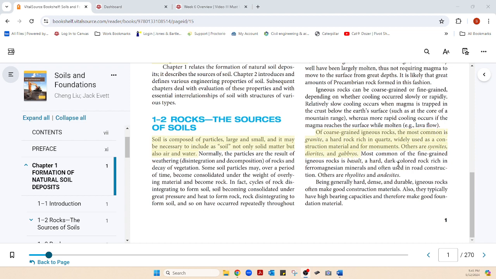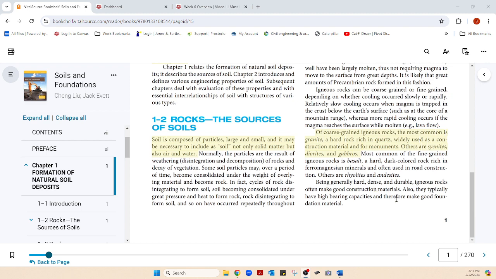The most common of the fine grained igneous rock is something called basalt. It's a hard, dark colored rock rich in iron or magnesium mineral, ferro is iron, and often used in road construction. Also rhyolites and andesites, I don't know.